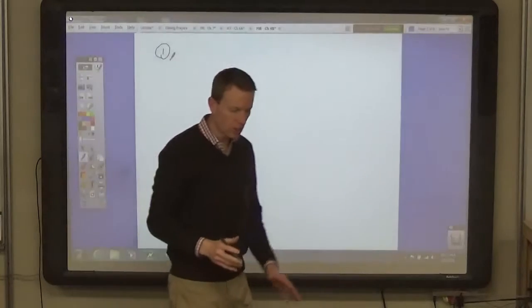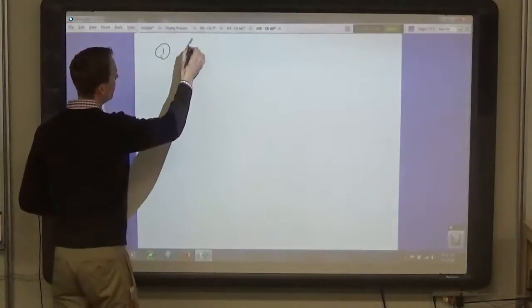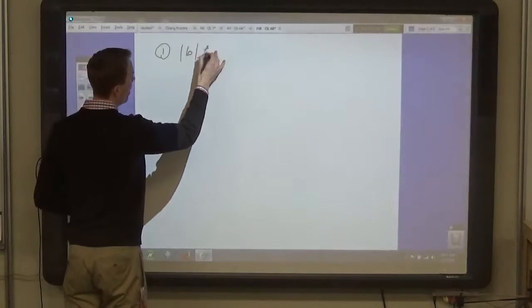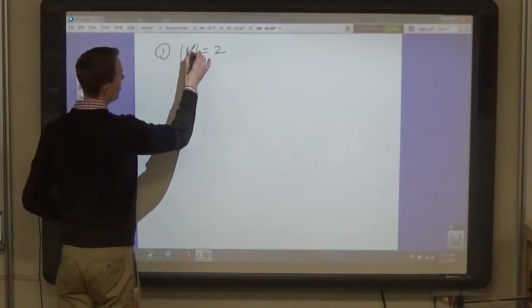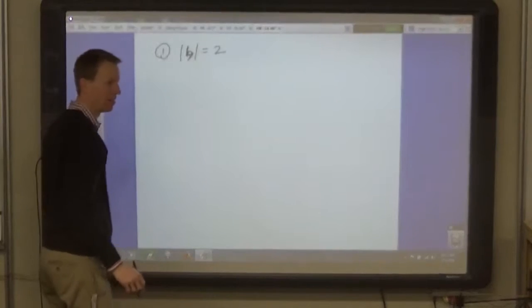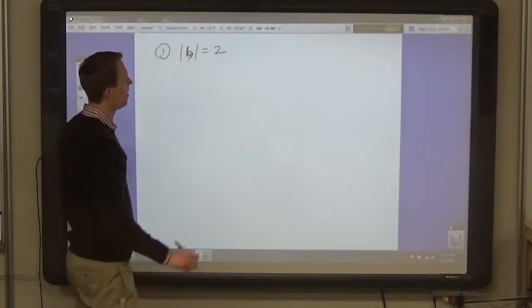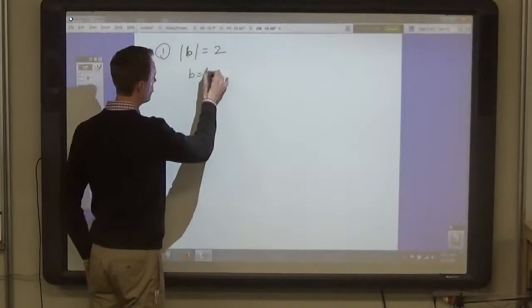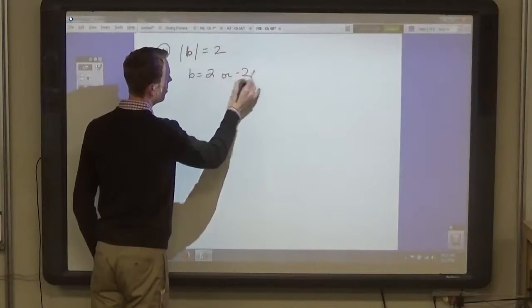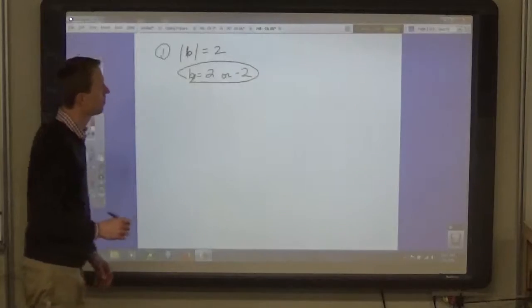So, we're starting out with just the concept of finding the absolute value of what could be. This is a B. What could B be? B equals 2 or negative 2. Simple as that. Okay?